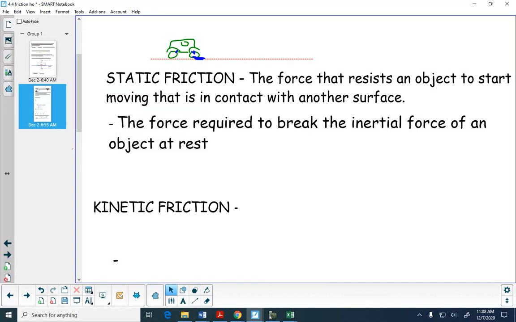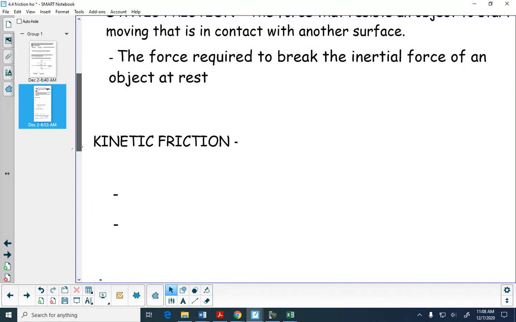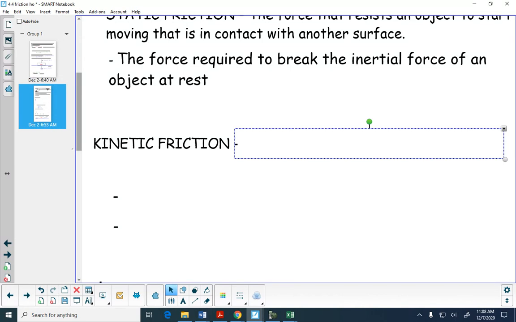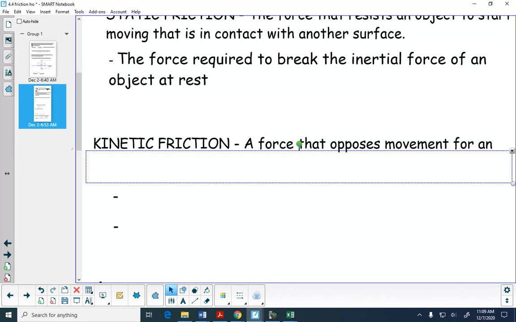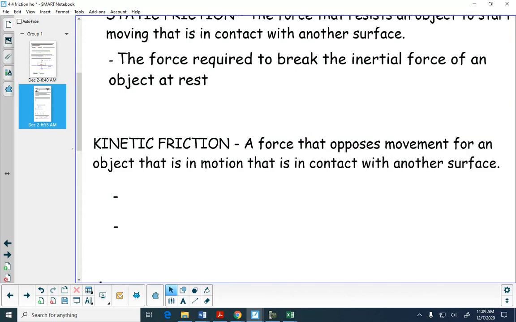And we have a second one, which is called kinetic friction. It's one that we're more used to dealing with. Your kinetic friction is a force that opposes movement of an object that is in motion, that is in contact with another surface.